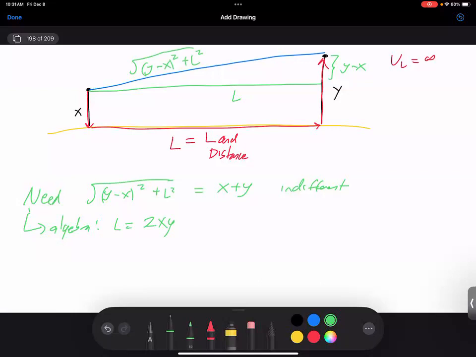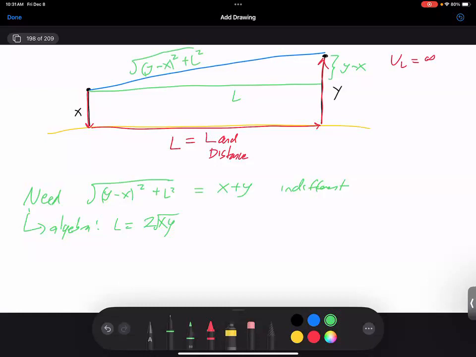And then I have a 2xy on the right-hand side, and I've got a minus 2xy plus L squared. So I need L squared to be 4xy. Wait a minute. No, not 2xy, sorry. It's 2 square root of xy. 2 square roots of xy.